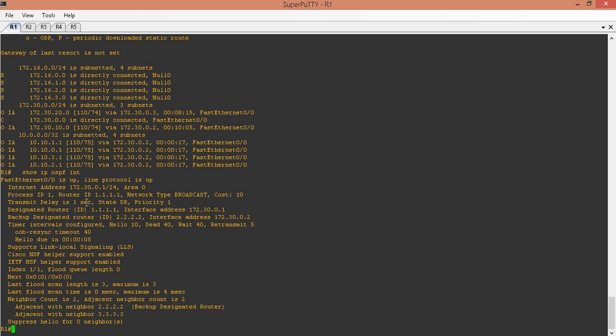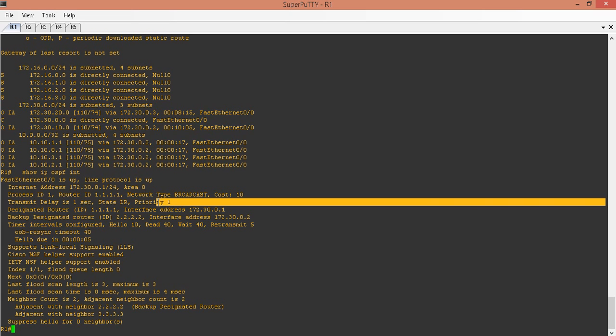Okay, the state is DR. This is the designated router. It has a priority of 1. Now say show IP OSPF neighbor.